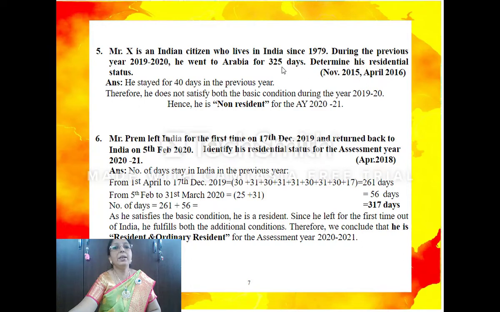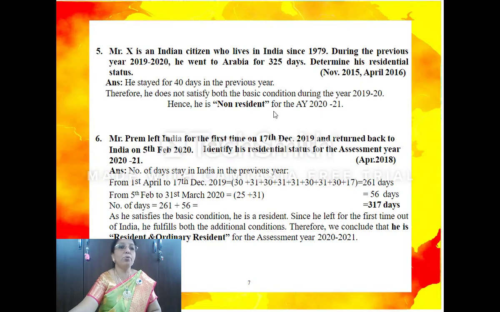So out of 365 days, 325 days he is outside India. So only 40 days he is in India. So since he does not fulfill the first basic condition of 182 days, and since he does not fulfill the second basic condition of 60 days in the previous year and 365 days in 4 years prior to the previous year, he becomes a non-resident.